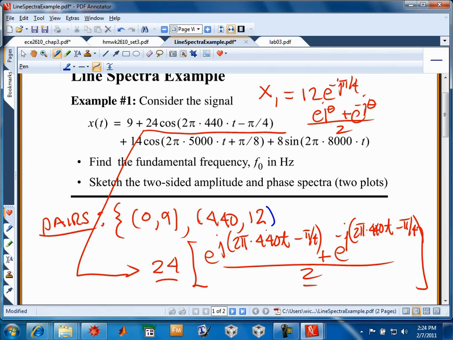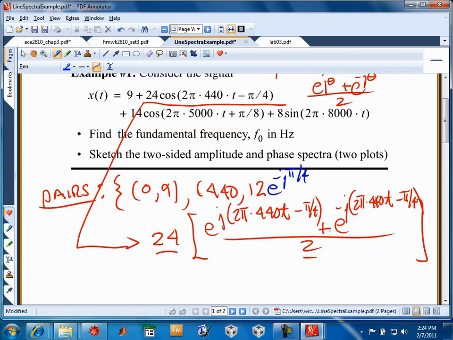Then we have to add in the e to the j term, e to the minus j pi over 4. And that's so because if I look at what that term is when I factor it out of the e to the j 2 pi 440t term, I factor out an e to the minus j pi over 4. Agreed? That's how that factoring would work?